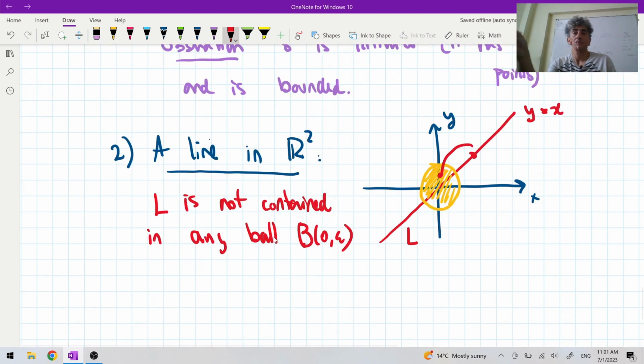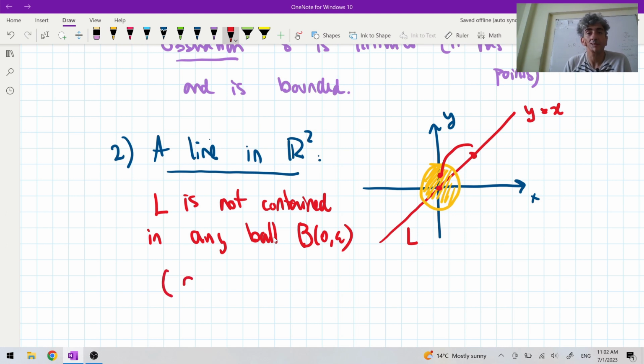If we want to show that, we need to exhibit a point that is farther than epsilon from 0.